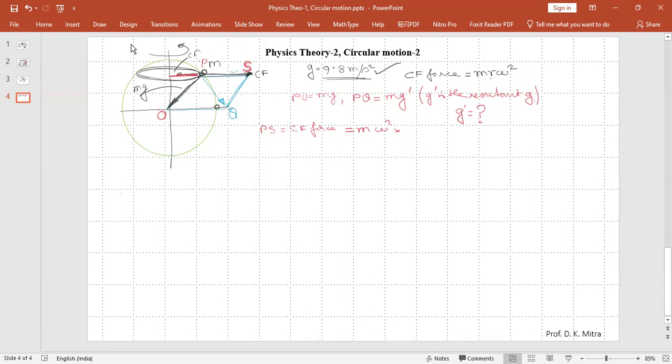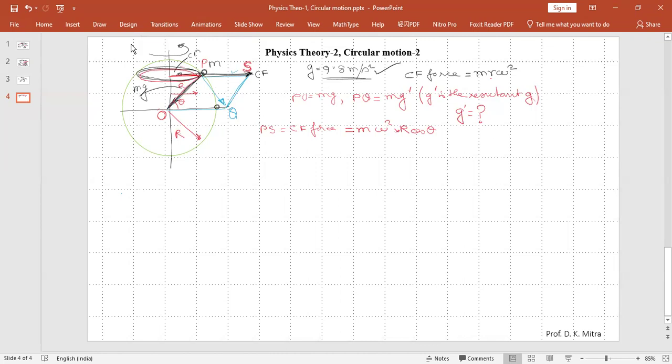Radius of rotation, this r is equal to, if the radius of the earth is r, and this is theta, then radius of rotation of the person is r cos theta. R cos theta, because the person is rotating on this circle. This is r cos theta, right?